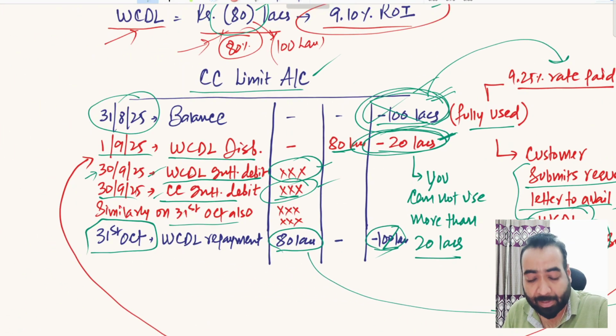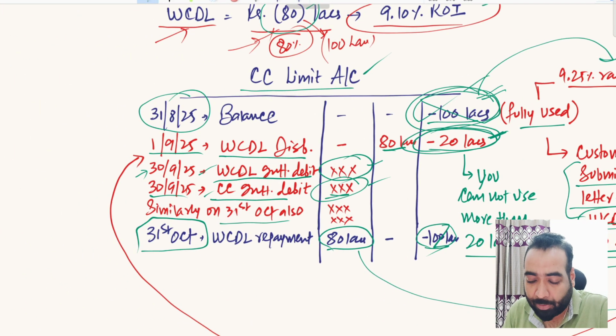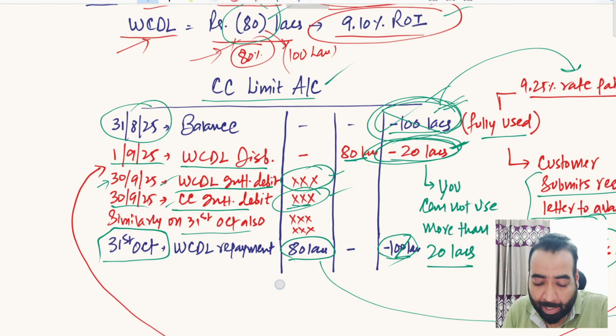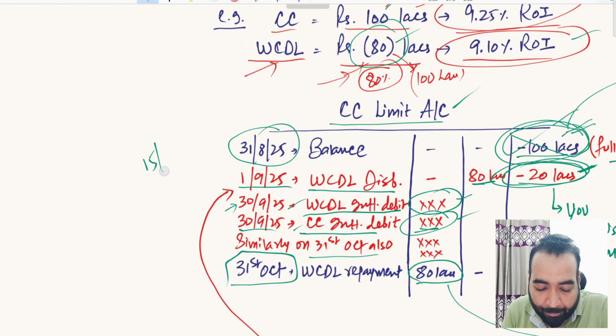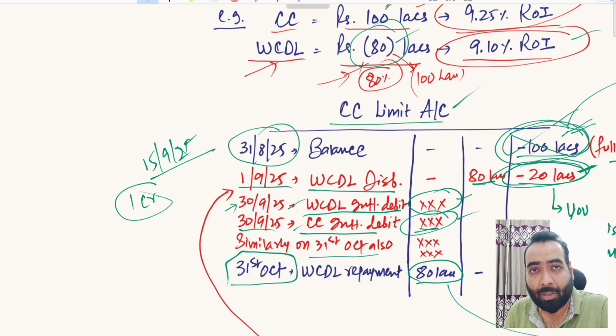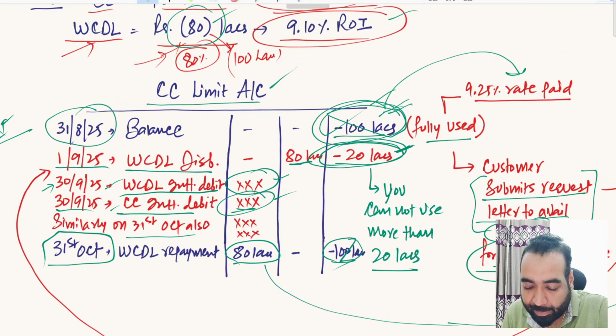Suppose you have a seasonal business, and on 31st August your CC limit is 100 lakh rupees, and you are expecting 1 crore rupees payment from your party on 15th September 2025, right? If you receive 1 crore rupees on 15th September, then your CC limit utilization shall become technically zero on 15th September, right?